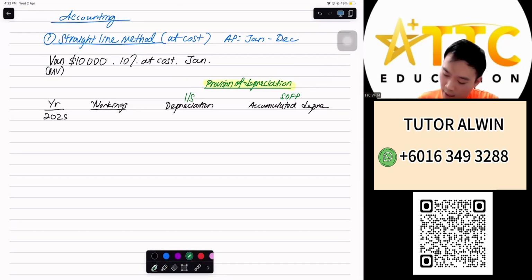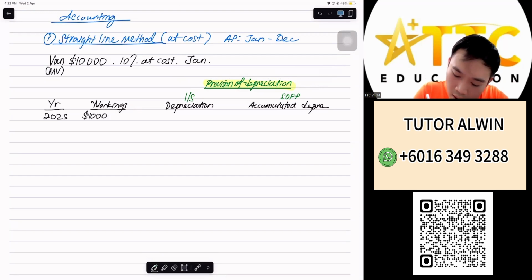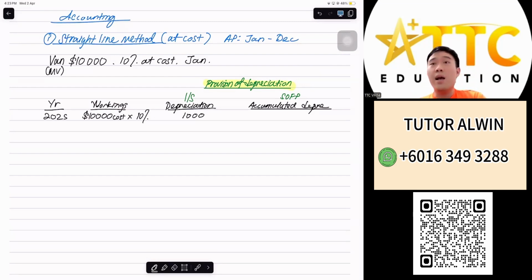So the workings will be as such. 10,000, the cost, multiplied by 10% because it's at cost. The cost of the van is 10,000, so the depreciation for the year is $1,000. This year, since this motor vehicle will be accompanying us from January up to December, it starts to depreciate in value. It starts to vomit blood.